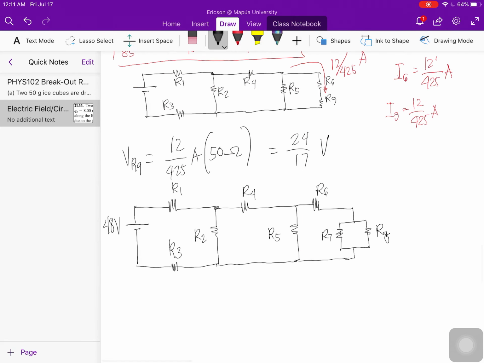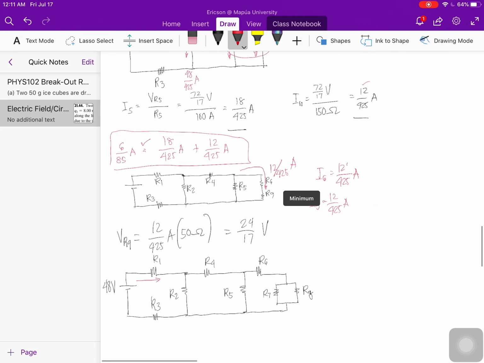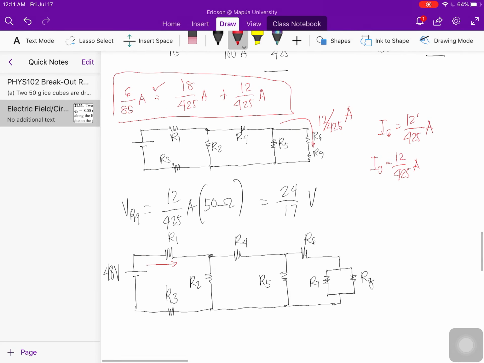So, pag tiningnan nyo to, ito na yung mga currents natin. Ito, tapos pagpasok dito, magba-branch out. So, nandito na. Ngayon, yung R6 natin, ito yun. Pareho siya. Okay? But, mapapansin nyo, ito yung R6, 12 over 425 amperes. Pero, pag tiningnan nyo, pantay kasi to. R7 and R8 are same resistances.